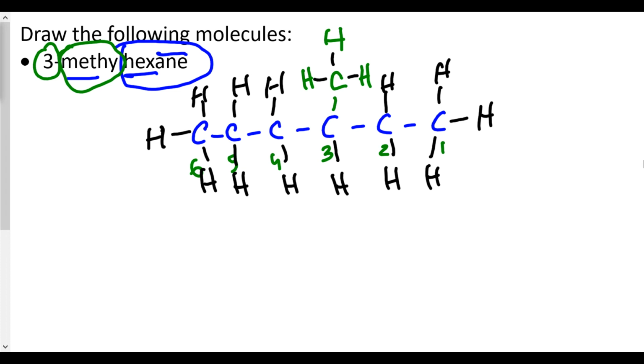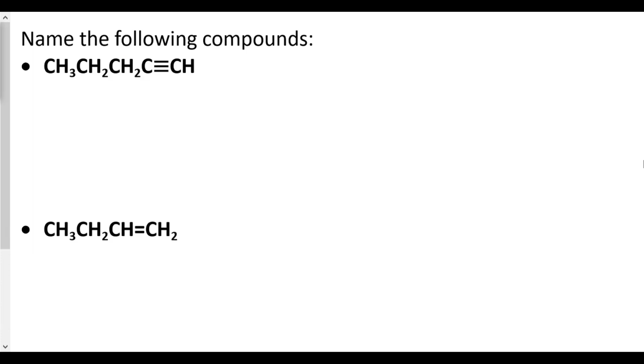Those are part of the methyl group, which happens to be in the third carbon from the parent chain of hexane. So please do not combine these 2 hydrogens and draw them together, because that's a common mistake. You have to draw them separately. That's why I usually draw the empty bonds before I add hydrogens to it.